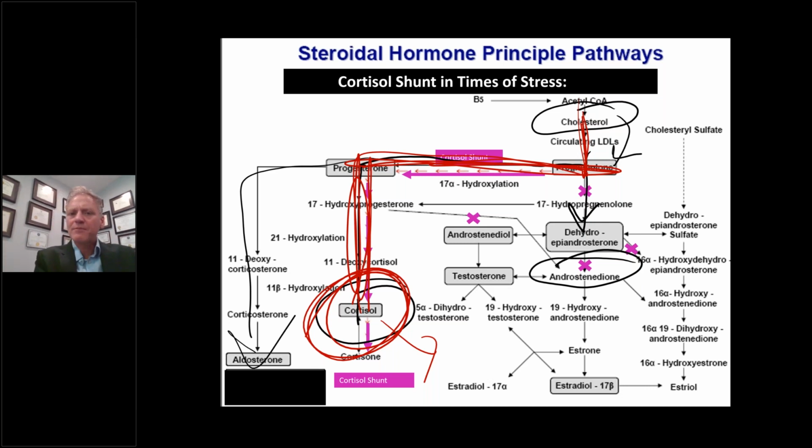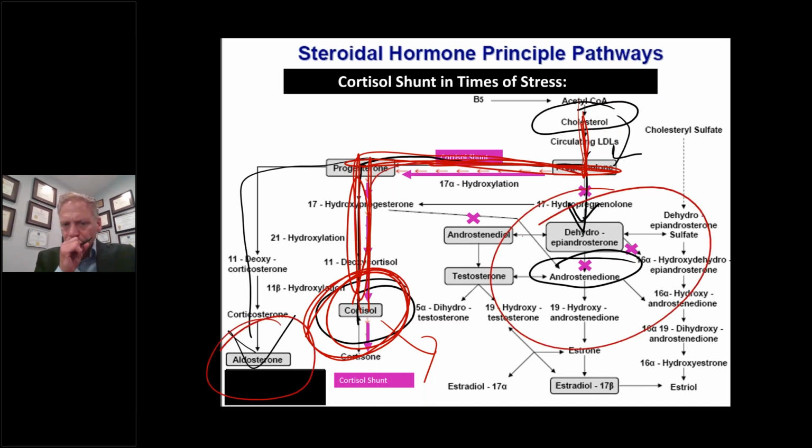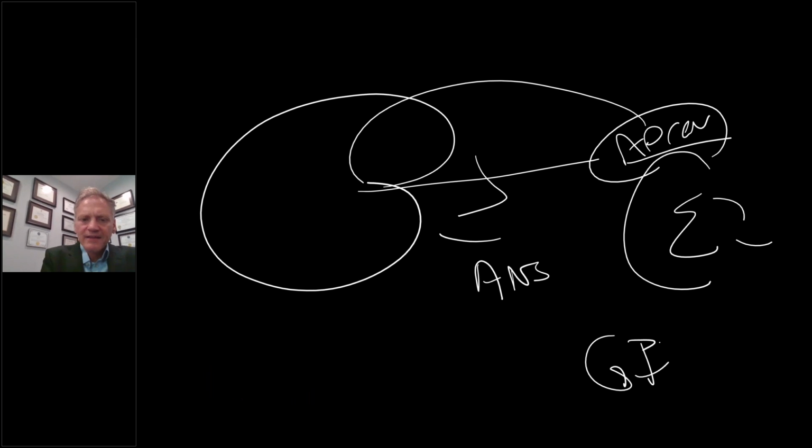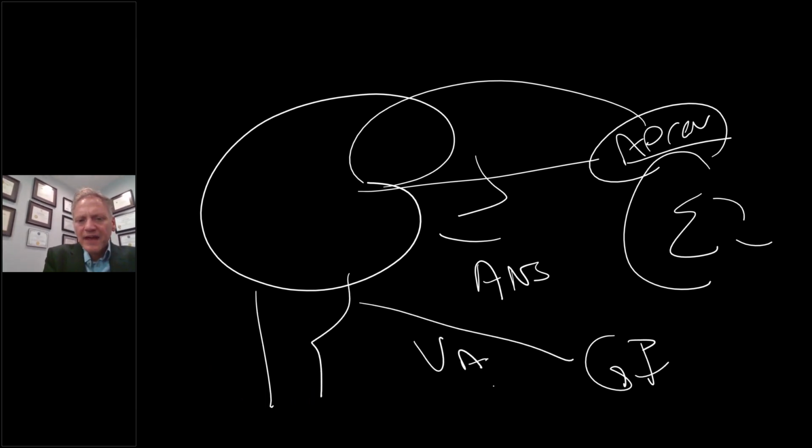But let's say you have reactive hypoglycemia and you go through this. I want to talk about something that's really important that can be overlooked, and that is that we have an autonomic nervous system. Now, here is the GI tract, here's the brain stem, and here's the vagus nerve that goes between. This is called the brain-gut, gut-brain axis.